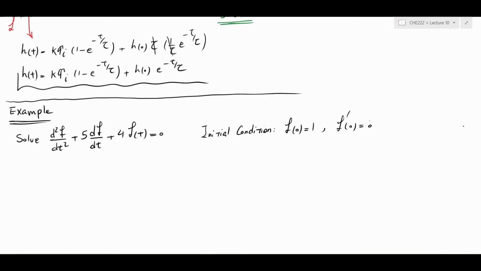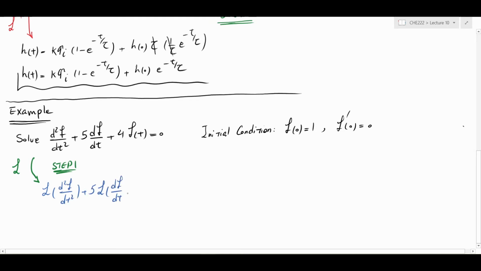We have to take the Laplace transform of the ODE. I'll write the Laplace transform of each term separately first. And again, by referring to our table for Laplace transform, we can expand these terms.